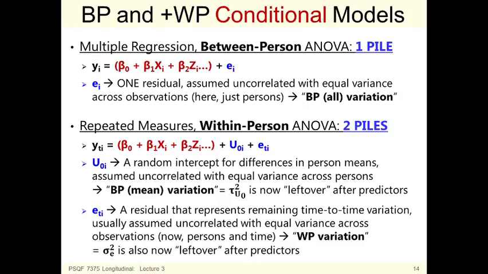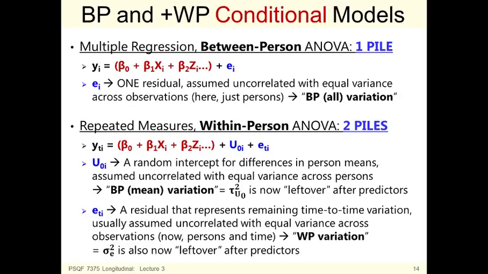So after we get to this initial U plus E variance model, we add predictors. From there, it looks a lot like regression in terms of what we do with the fixed effects. The only difference is in what kind of variance each type of fixed effect can account for. U0 is between-person variance. The only kind of predictor that can account for it is a between-person predictor, as level 2 is time invariant.